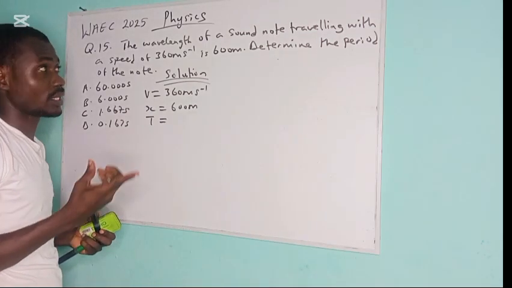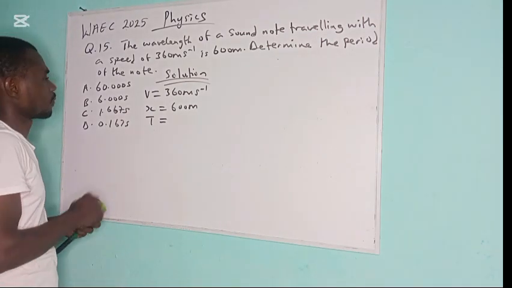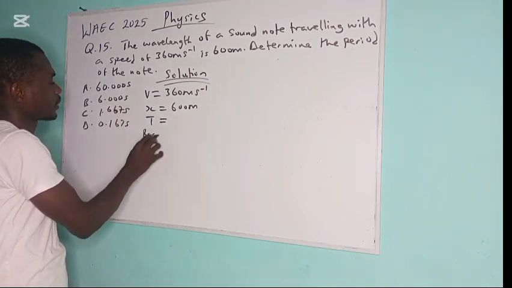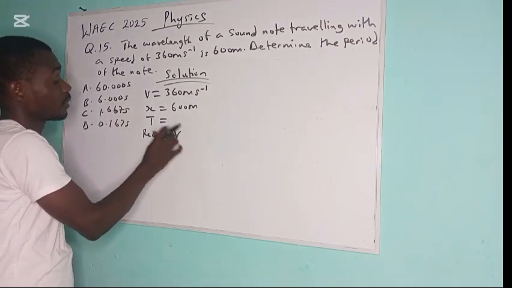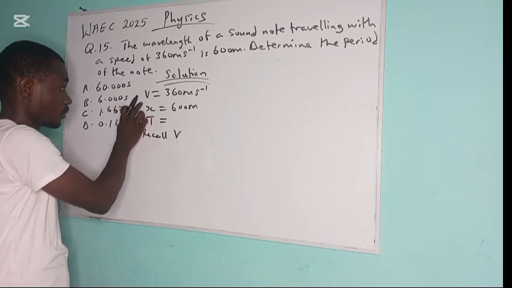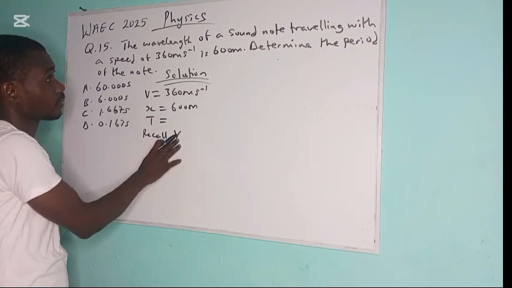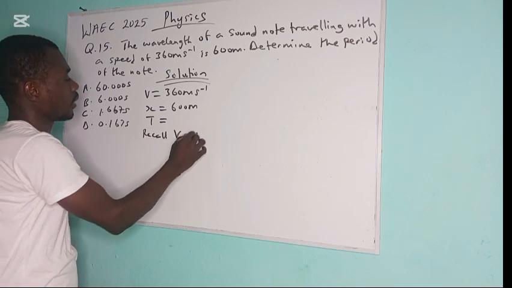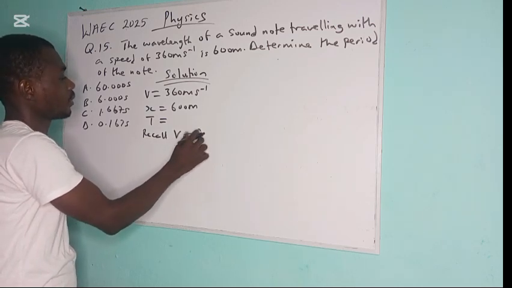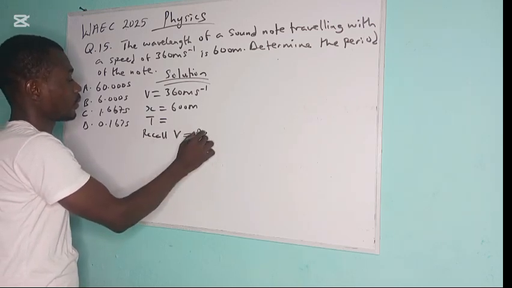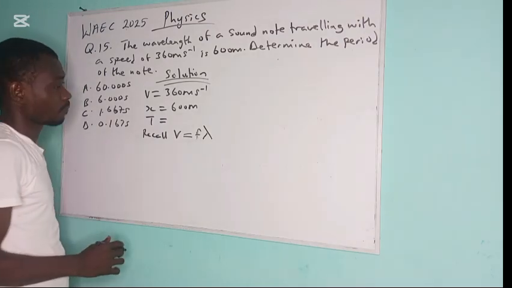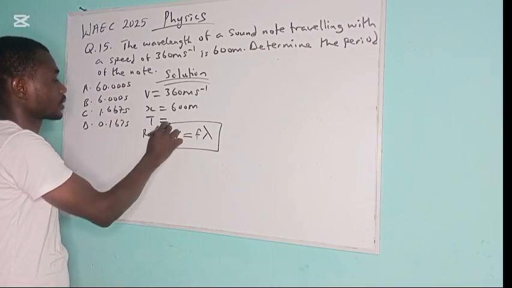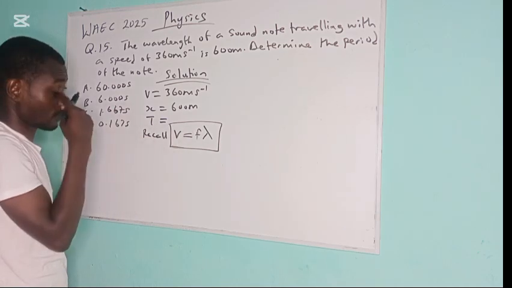So now from here, recall that v, that is wave speed, is equal to frequency times wavelength. Okay, frequency times wavelength. This is the relation that connects them together.